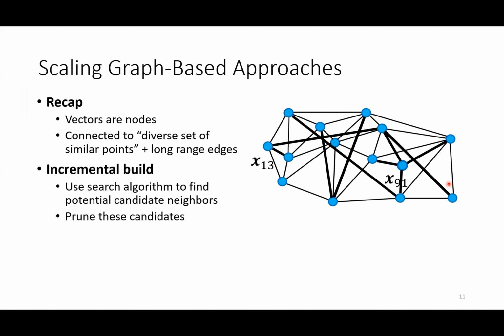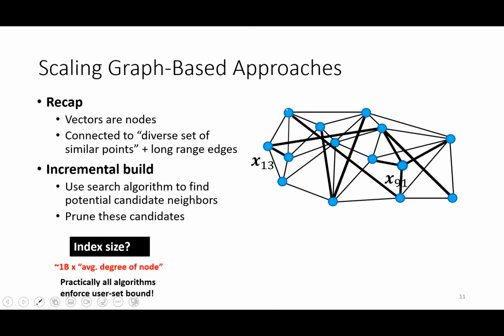So we have our billion vectors. They are these nodes here. And they are connected to this diverse set of similar points with some long-range edges, which were the result of this pruning. And then we do this incremental build. So we use the search algorithm to find potential candidate neighbors, and then we prune these candidates. That's how we build these graphs.